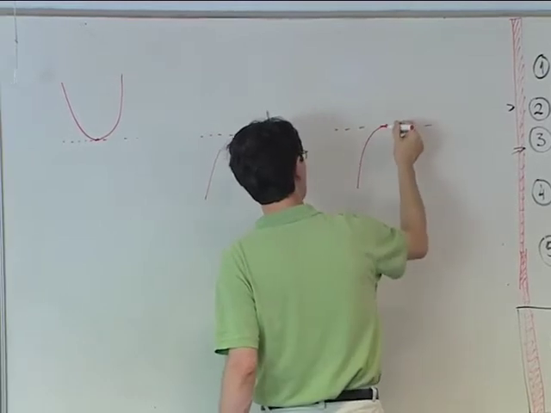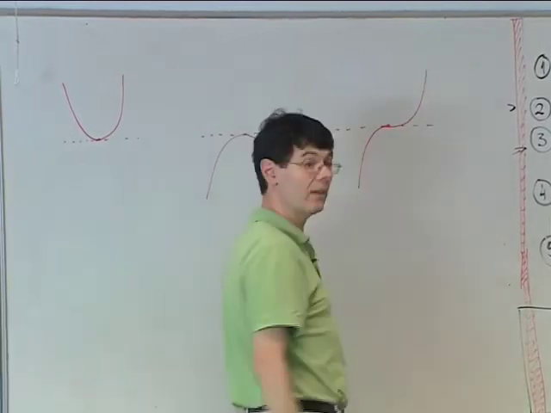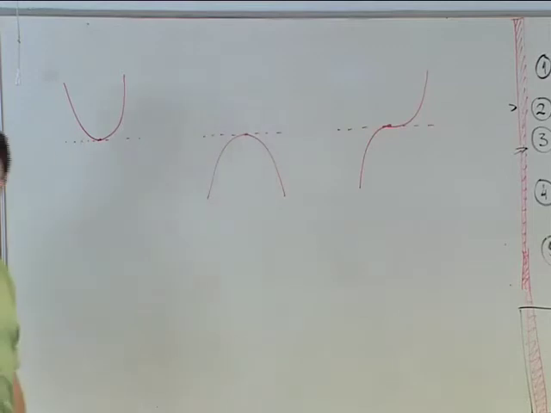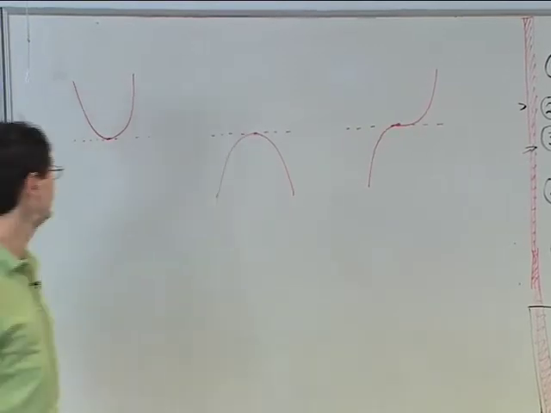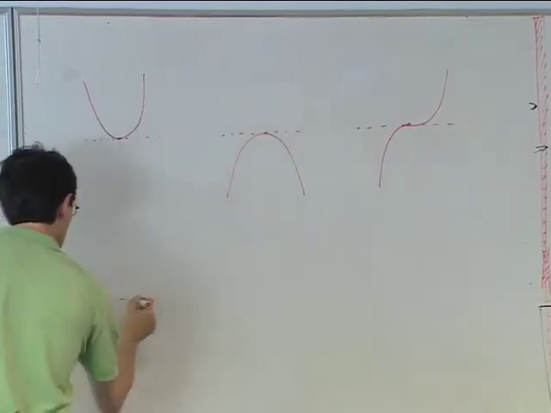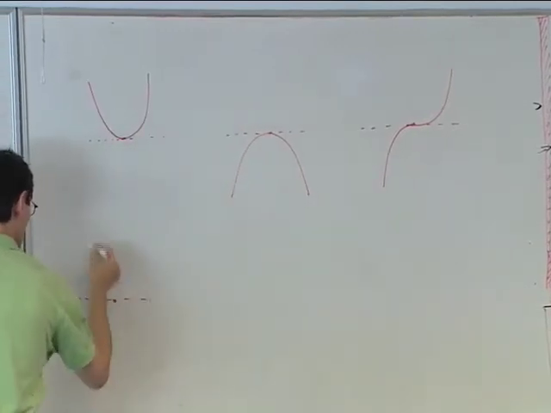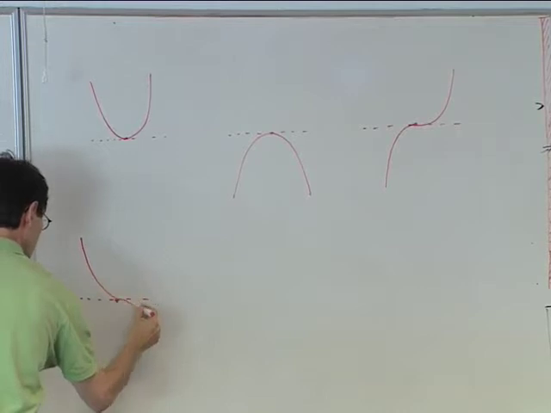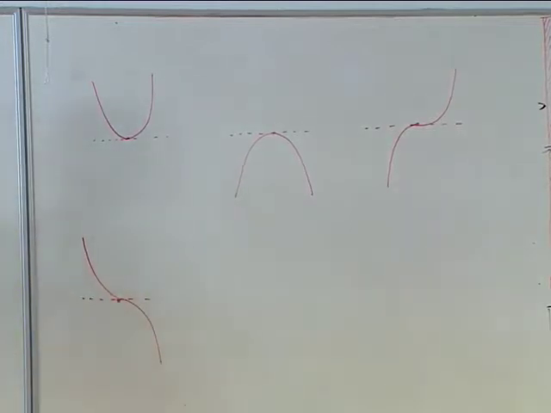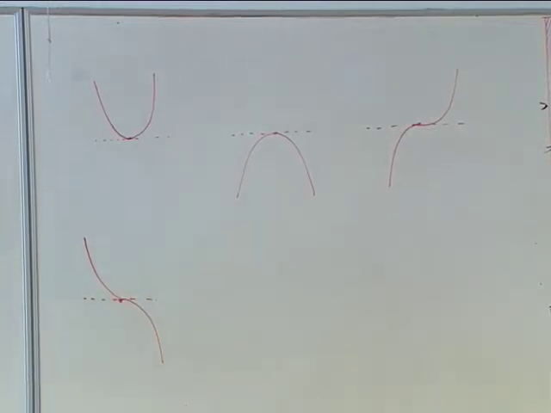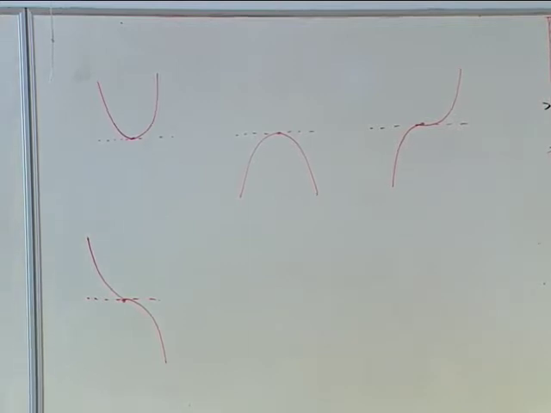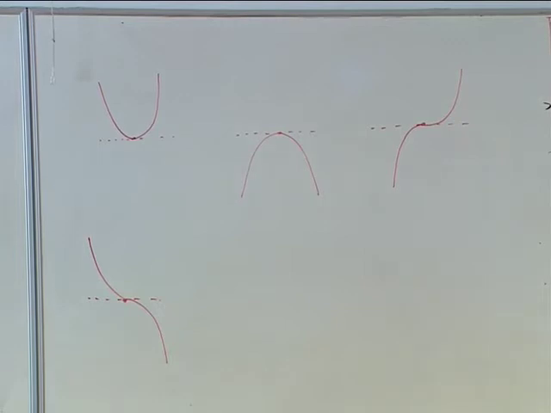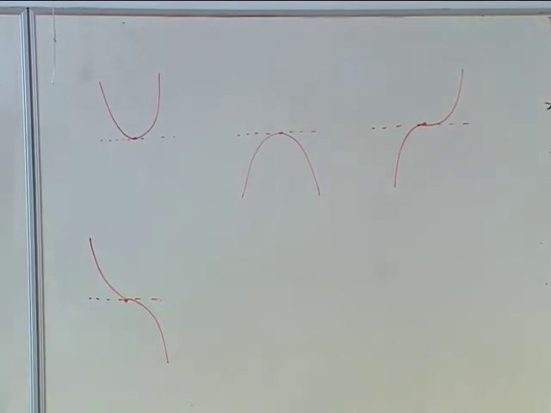Wants to be a maximum, wants to be a minimum, and it's neither. It could be like this. Wants to be a minimum, wants to be a maximum, and it's neither. So bad news all around, right? You think you got something, but you see you got less than you thought.